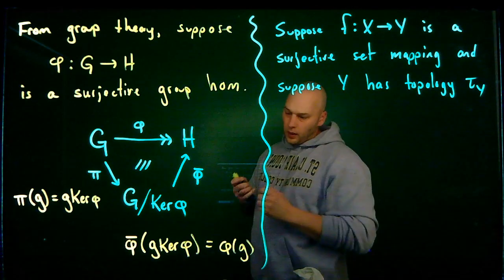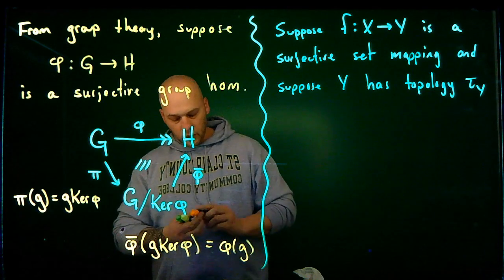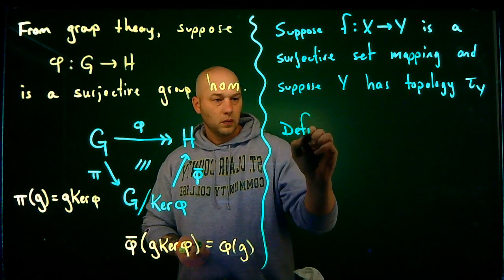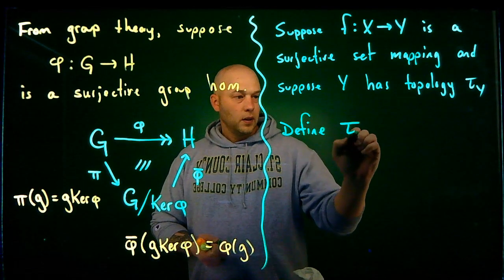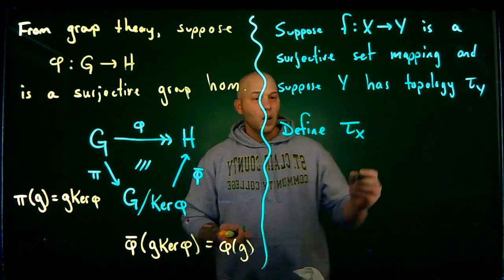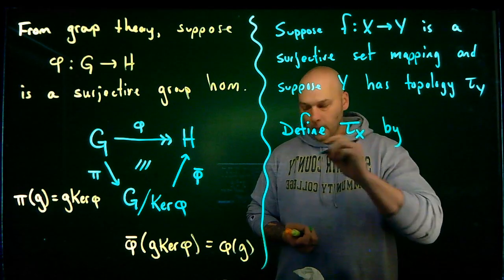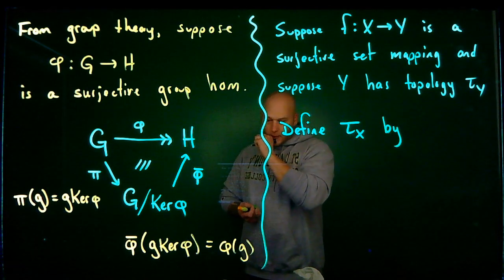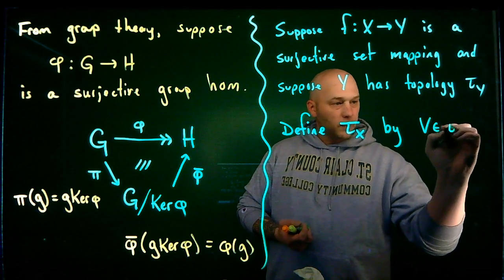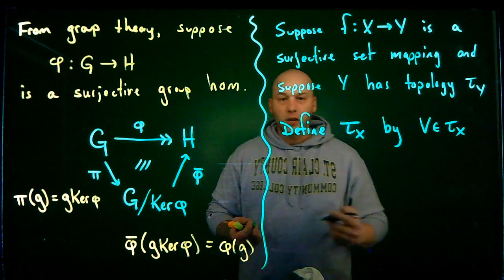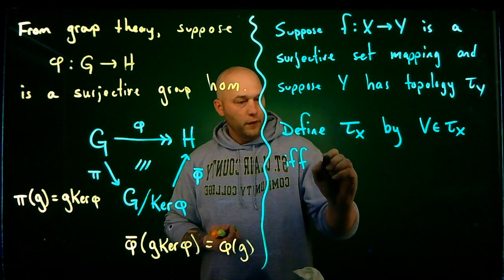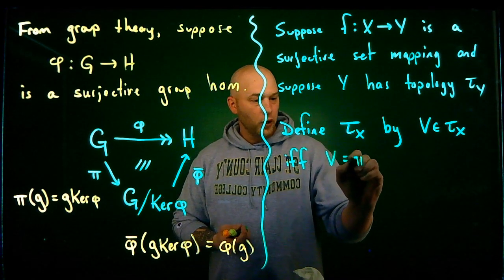All right. Well, then I'm going to define tau X. In other words, I'm going to define a topology on X by saying V is an element of tau X, so V is an element of the topology on X, if and only if V is equal to the pre-image.